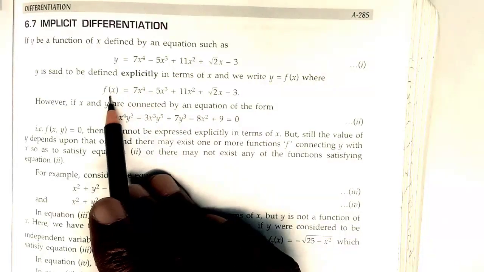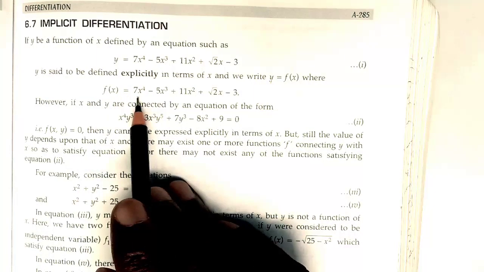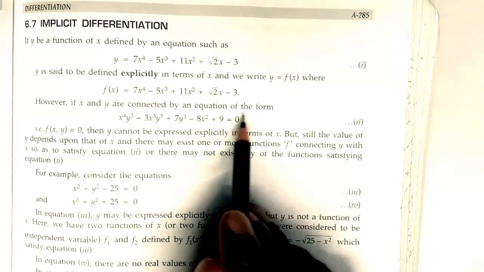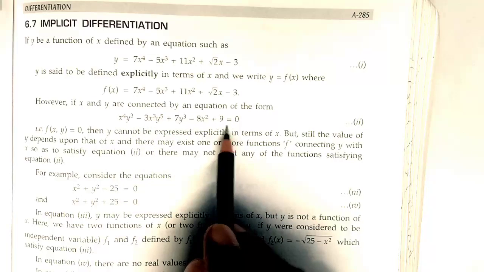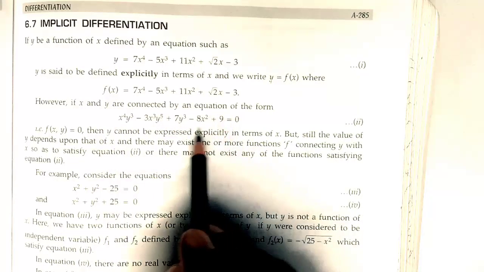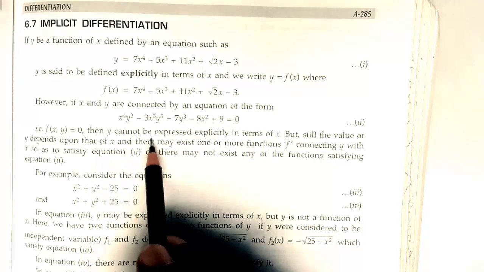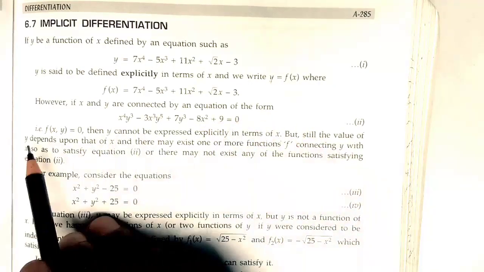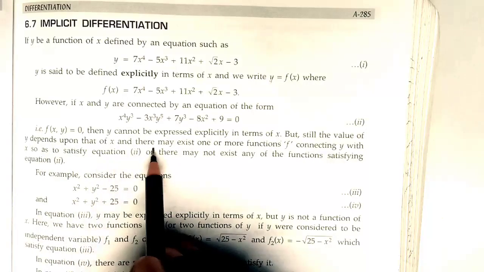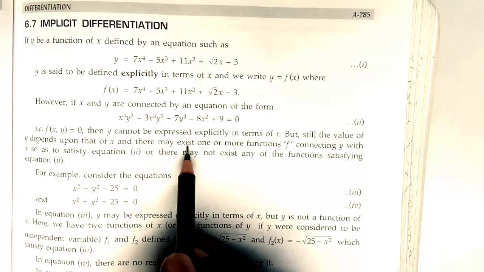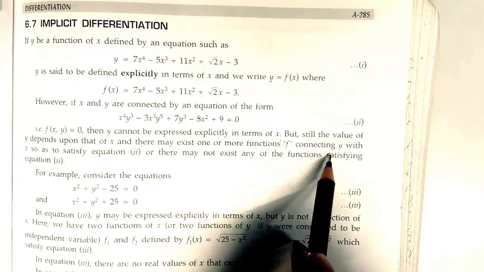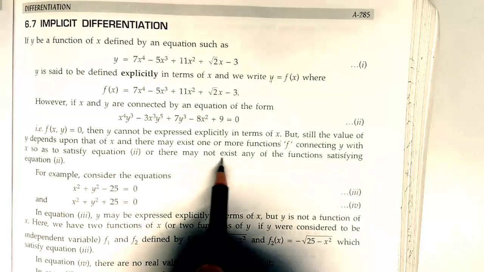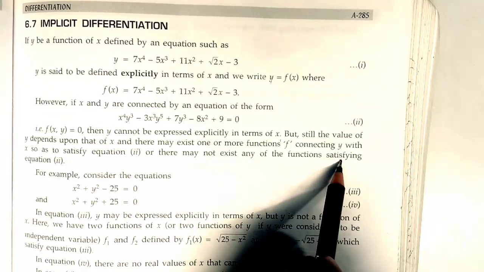However, if x and y are connected by an equation of this form, where x and y are correlated to each other, then y cannot be expressed explicitly in terms of x, but still the value of y depends upon that of x, and there may exist one or more functions f connecting y with x so as to satisfy the equation, and there may not exist any function satisfying the equation.